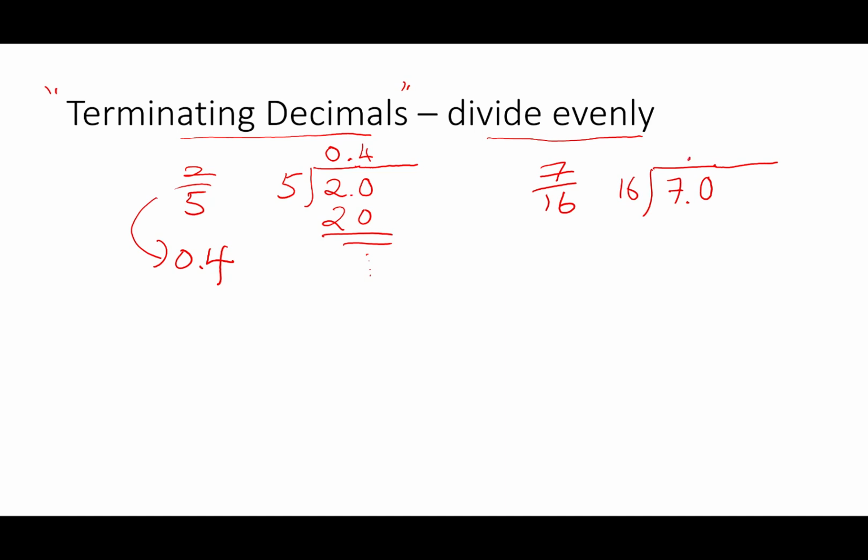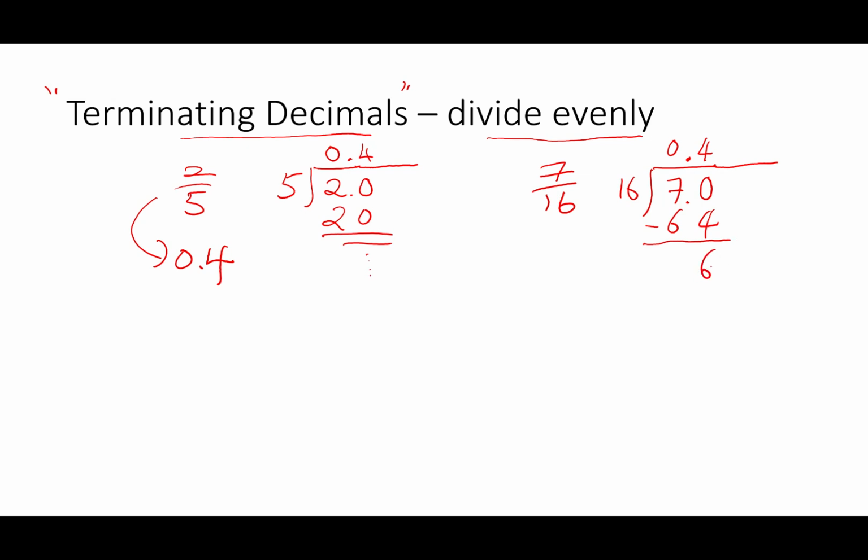So we have 0 point. Now we consider 70 divided by 16. We get 4, and we get 64. Then we subtract 64 from 70, we get 6.